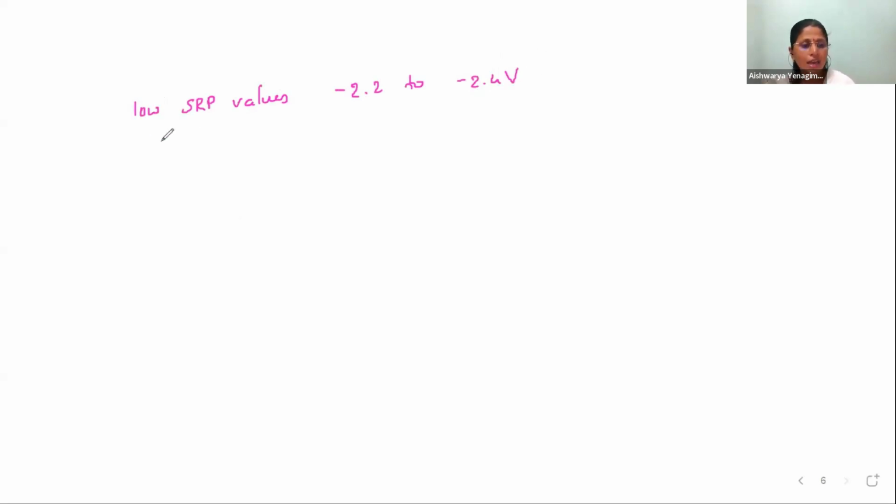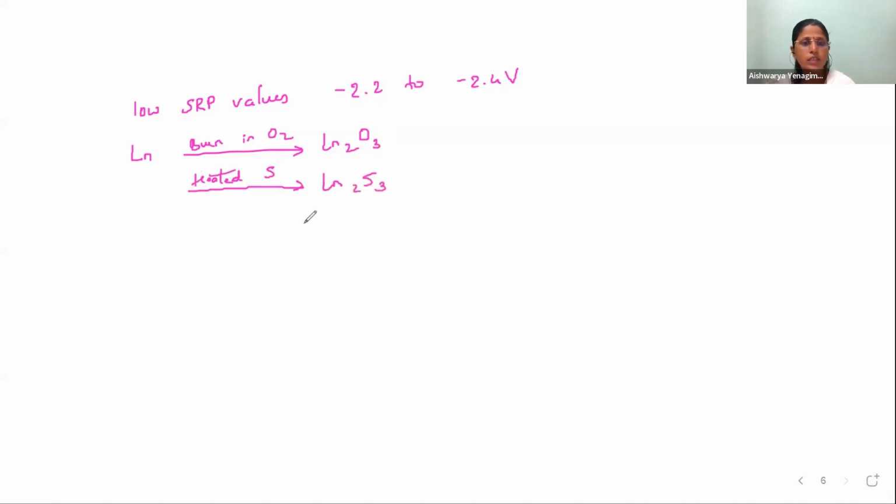Any lanthanide element, when burned in oxygen, forms an oxide of formula Ln2O3. The second reaction is lanthanide, when heated with sulfur, forms lanthanide sulfide.